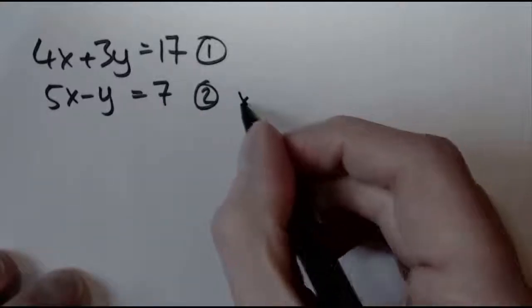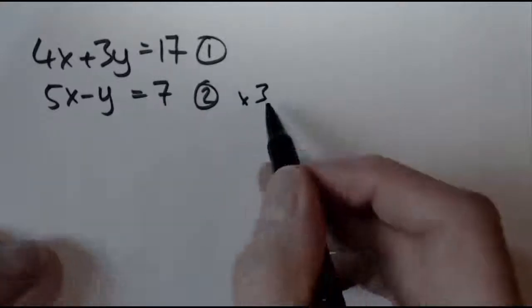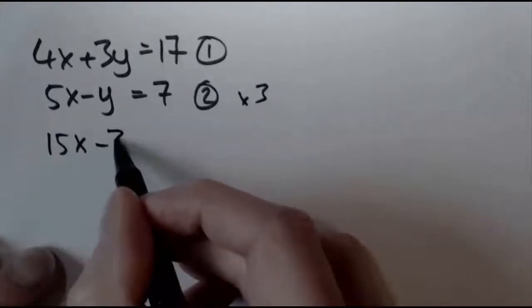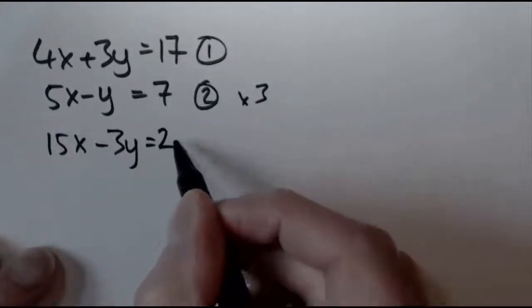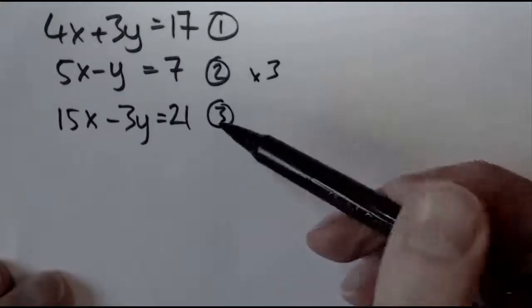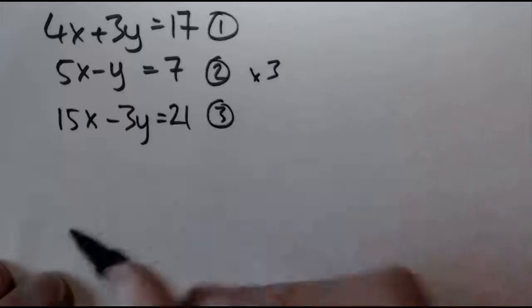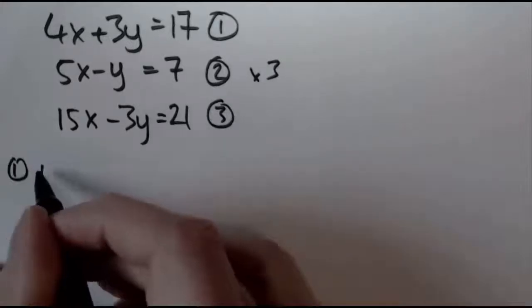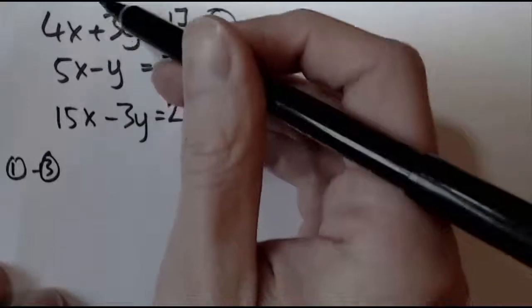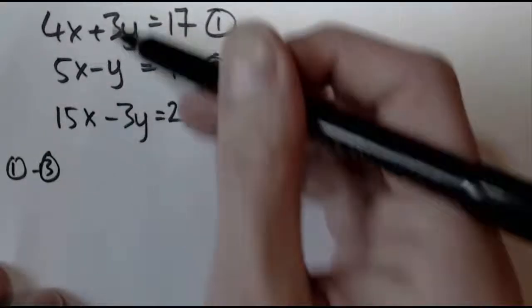So I'm going to times equation 2 by 3. So this is a third equation, 15x minus 3y equals 21, and we're going to call this equation 3. Now if we add equation 1 plus equation 3, we'll end up with an equation in which we've eliminated y.